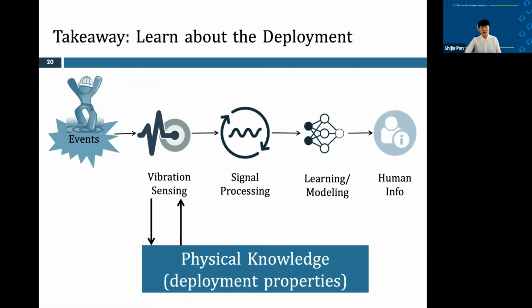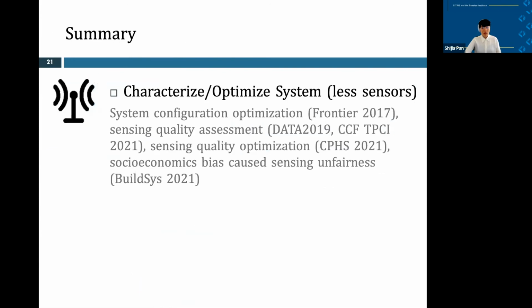So the takeaway message here is that by learning the physical knowledge of the deployment property from the ambient human sensing data, we were able to adapt the system to achieve better performance. And in summary, we leverage the physical knowledge to optimize the system so that we can use limited or fewer sensors to get more accurate information.